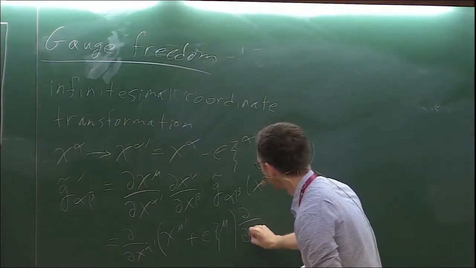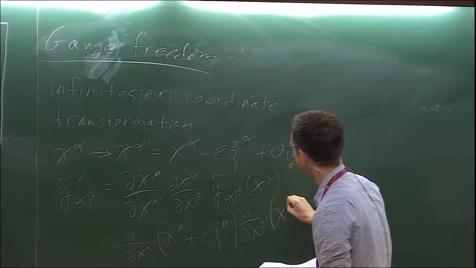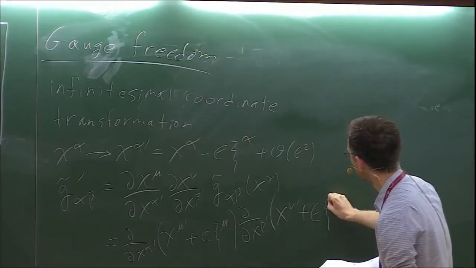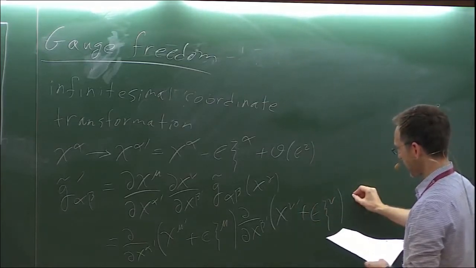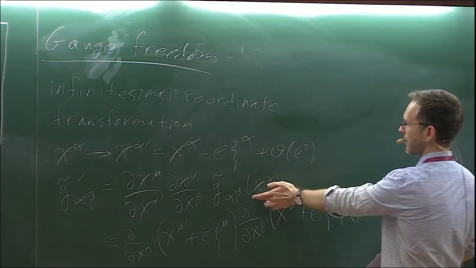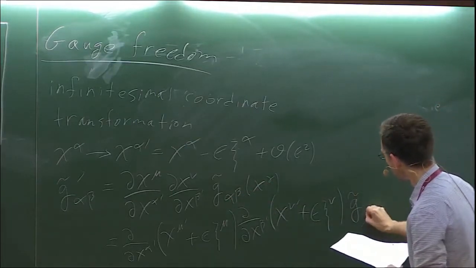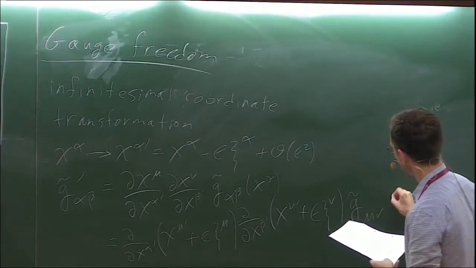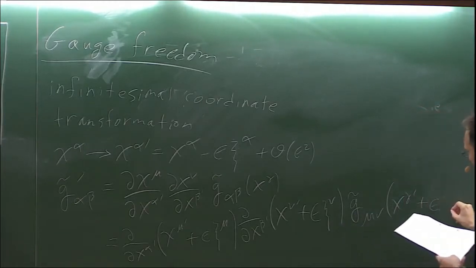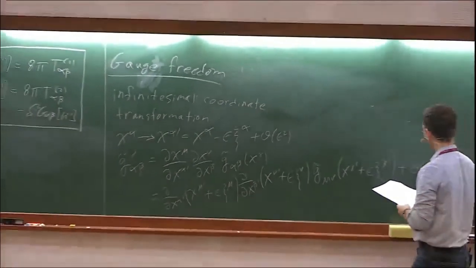Then over here we have d/dx beta prime of x mu prime plus epsilon xi mu. And now we want to put the coordinate transformation inside the argument of g tilde. So g tilde with indices mu nu, it's a function of x gamma prime plus epsilon xi gamma. And then we're dropping things of order epsilon squared.